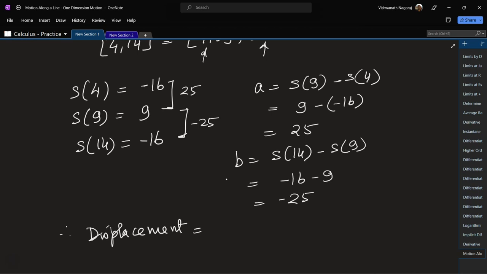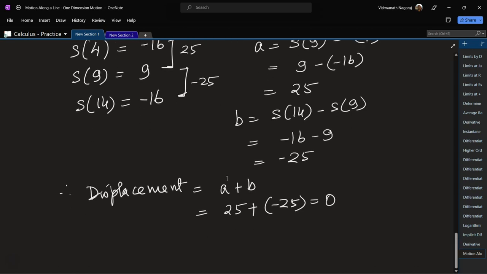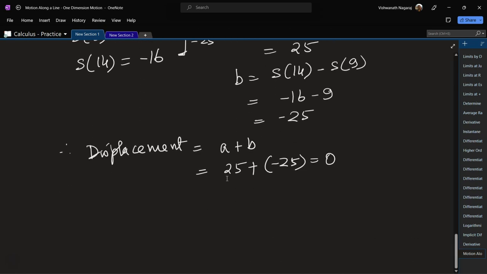So we can't ignore the plus or minus. So the displacement in the interval of 4 to 14 is going to be what? A plus B, which gives us 25 plus minus 25, which is 0. That means the displacement of the object in that interval is 0.